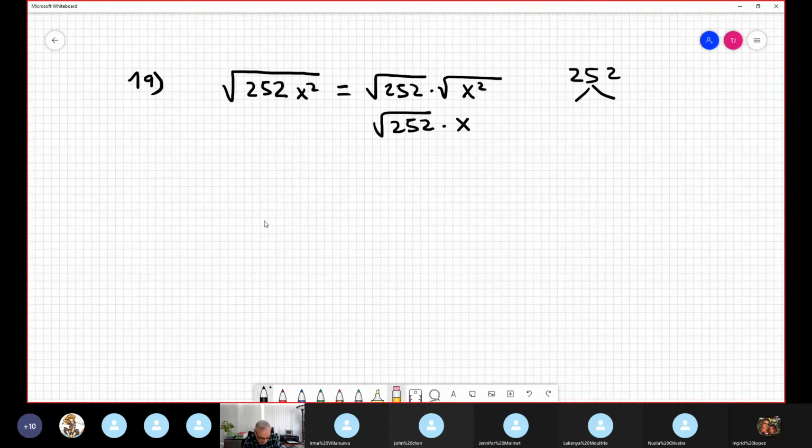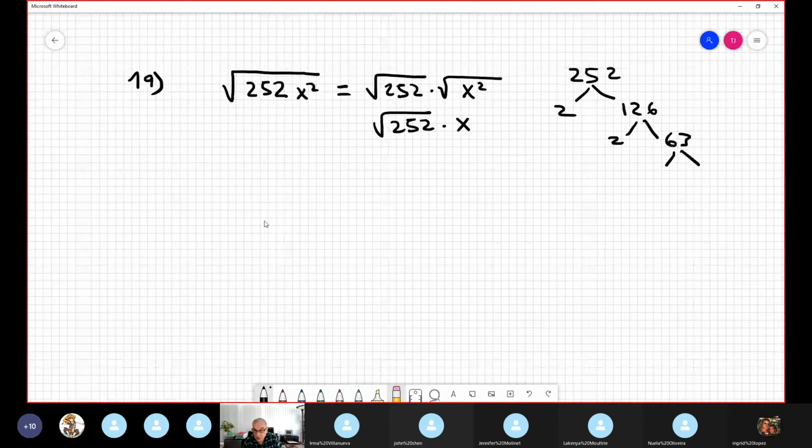They want the exact answer, not the approximate answer. If you divide 252 by 2, you are doing the prime factorization, which is 126. 126 is also even, divided by 2 again is 63. 63, unfortunately, is not even because it ends in 3.